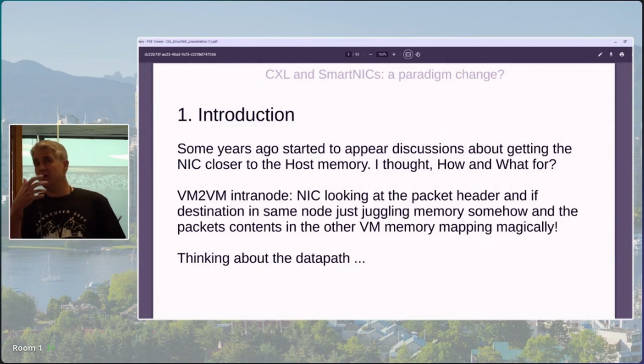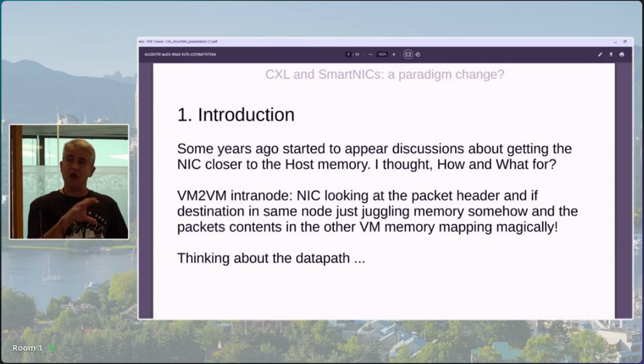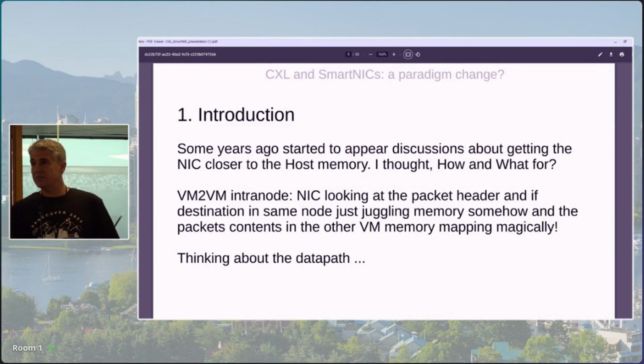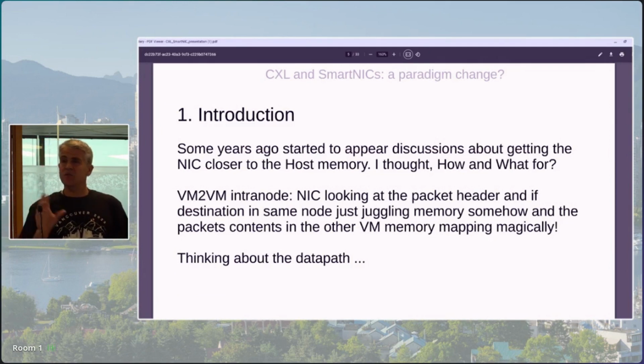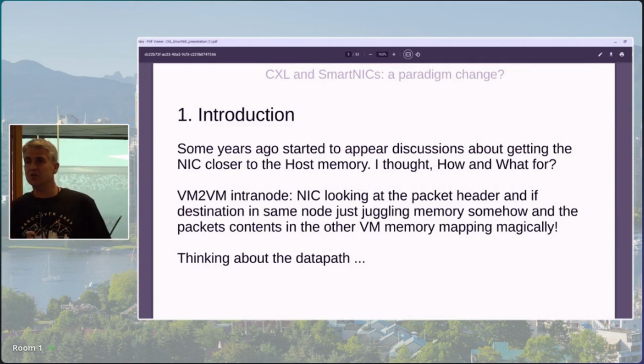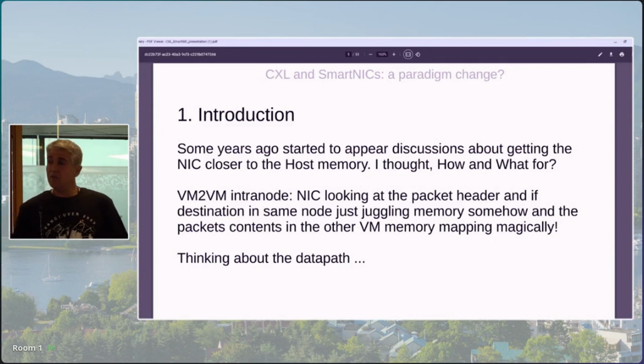Because if you think about it, if you have the VMs talking straight to the hardware, it's a waste of time, a waste of energy to just send the packet to the hardware, to the PCI, then the packet back to the host. For that, there are some backend software solutions for doing this memory mapping in the host that are far better, of course, if the CPU cycles can be available for that.